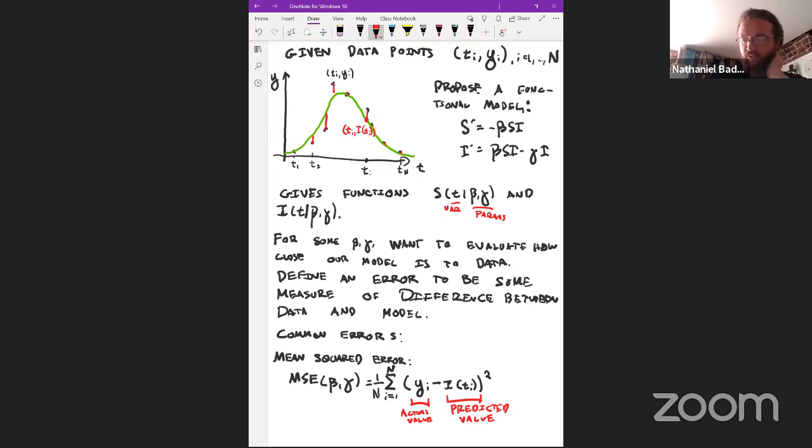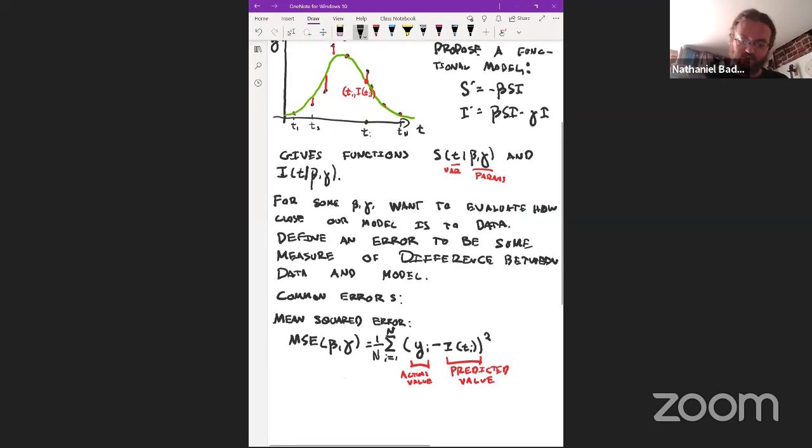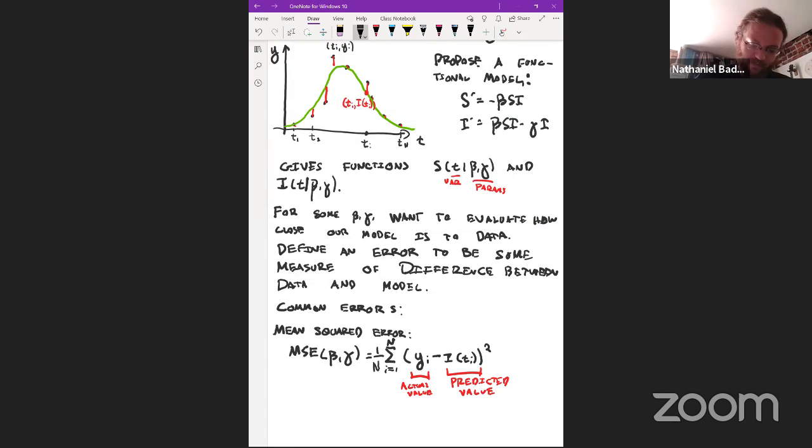So this is a formula that probably most people have seen before. So how do we determine the error of something? Well, we look at the squared error. This isn't the only error function that we have to look at, though. So other examples include the absolute or the mean absolute error.